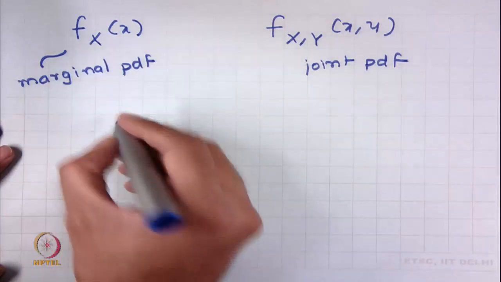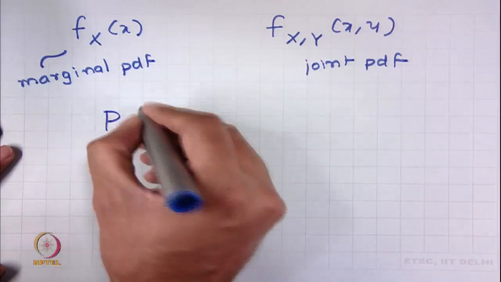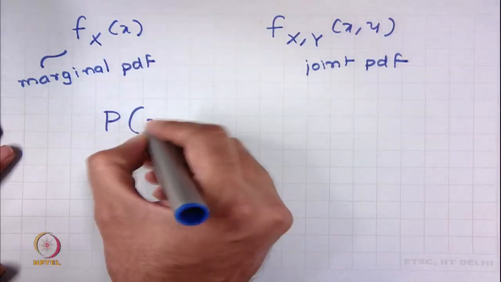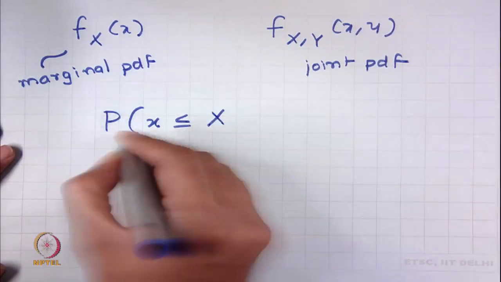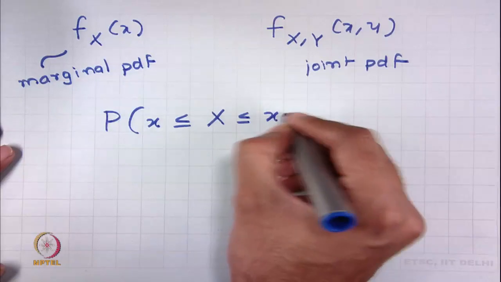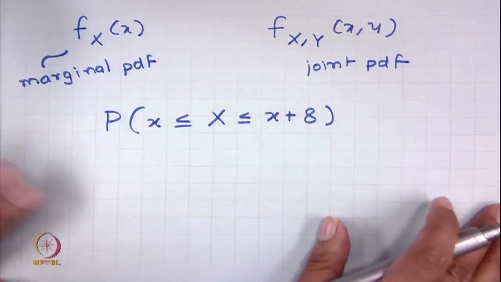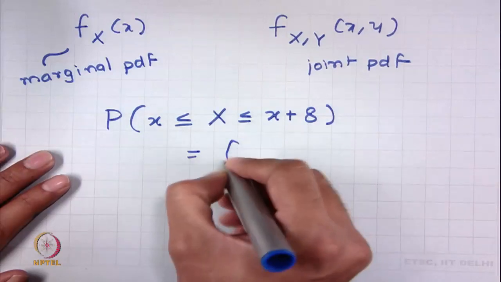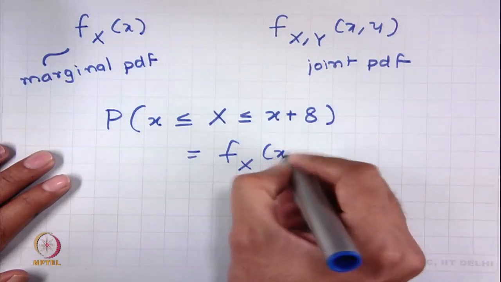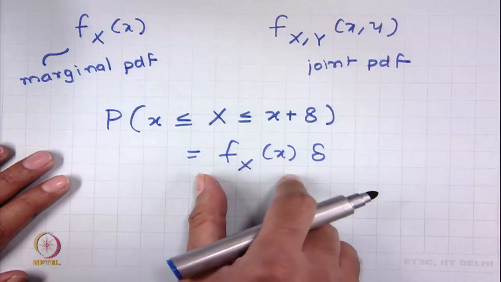And to think about this, let me write what this quantity is. If I am interested in finding the probability that the random variable x lies between x and x plus delta, what is this? This could be written, by definition, in terms of the marginal PDF.